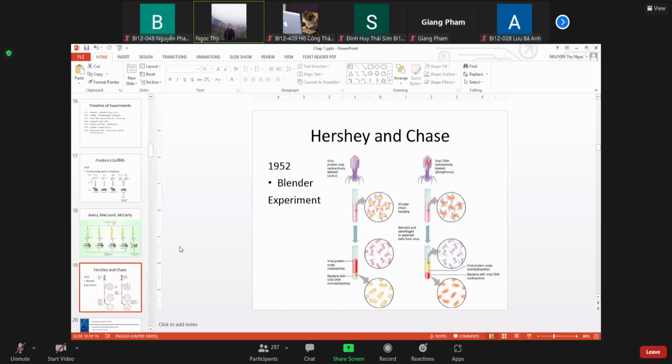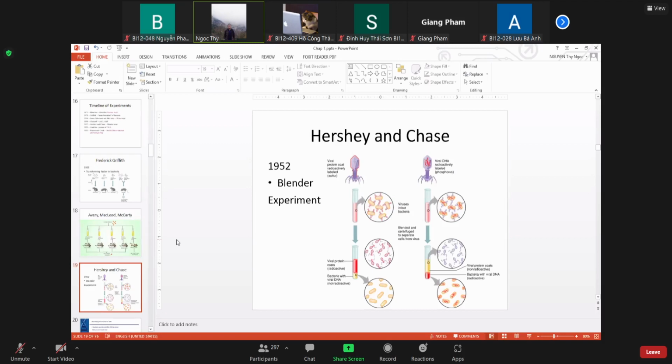And another experiment, in 1952, that revealed the structure of DNA, was the experiment of Hershey and Chase in 1952, when they used a virus, a phage, that injects into the bacteria.